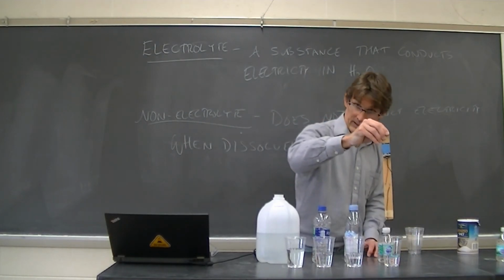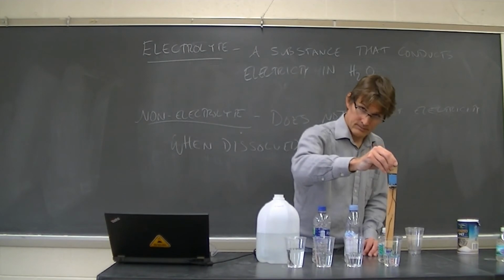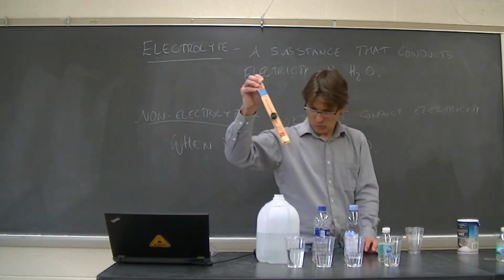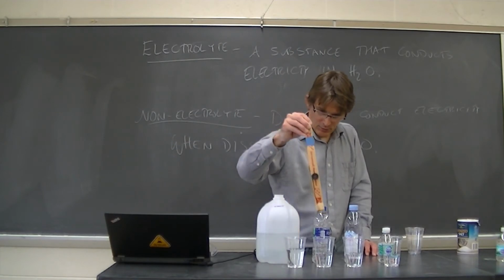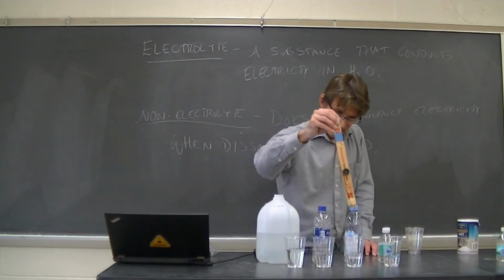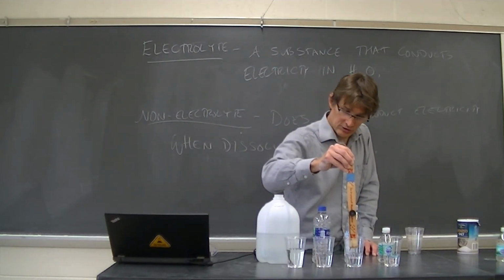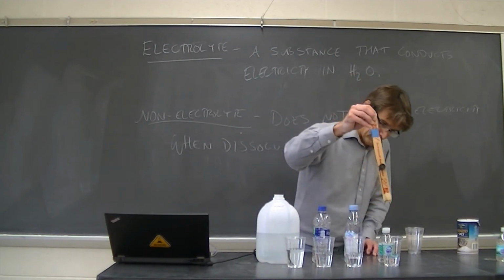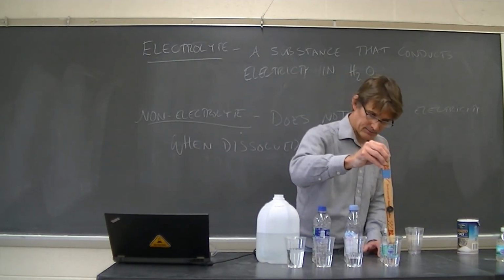It's been purified but had some ions or some salts added back. So we'll go one more time. Distilled water, Aquafina, Evian water, natural spring water, so some minerals are going to dissolve in the water, and Nestle water that's been purified but has had some minerals added back.